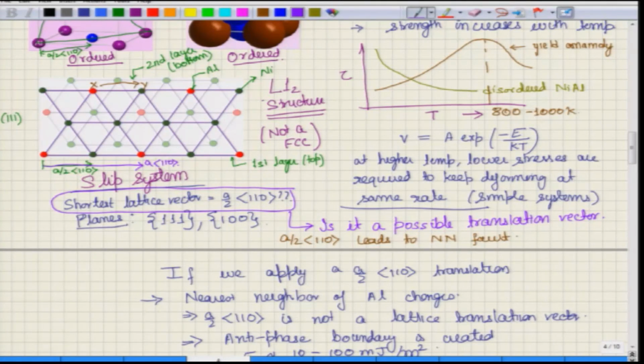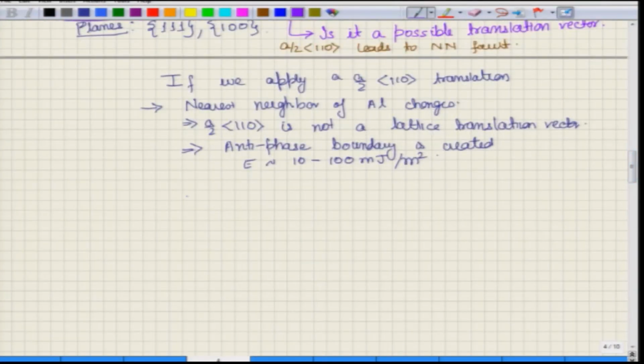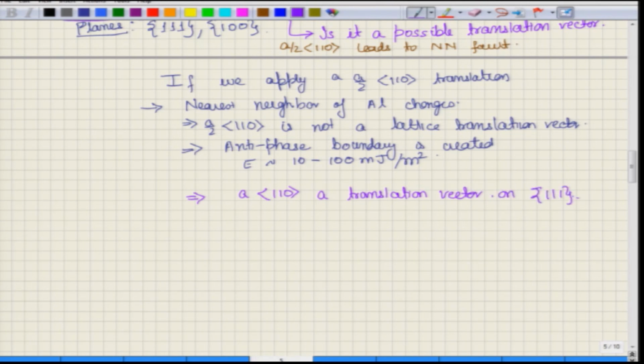So, A110 is certainly a lattice translation vector, okay, on the 111 plane, but we need to confirm by looking at another possible plane. What was the other possible plane? 100. So, we will come back to the other plane in the next lecture and discuss what happens when there is another plane. Thanks.